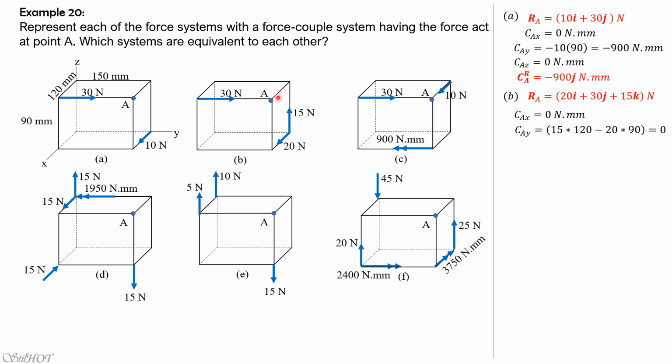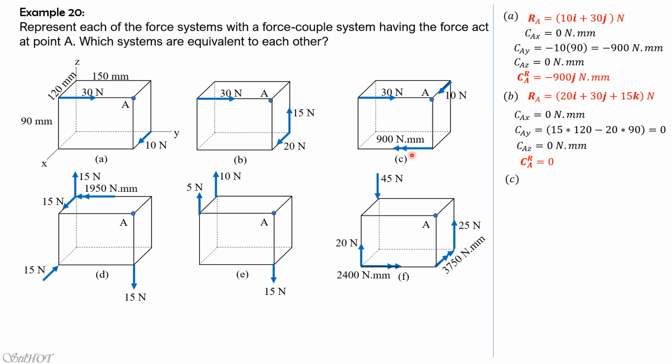Then about the AZ axis, the 30 Newton force passes through, so 0. The 15 Newton force is parallel, so also 0. The 20 Newton force also passes through the AZ axis, so it is 0. So CAZ is also 0. Therefore, the resultant couple for the force system in B is 0. So the resultant is 20I plus 30J plus 15K Newton, but the resultant couple is 0.